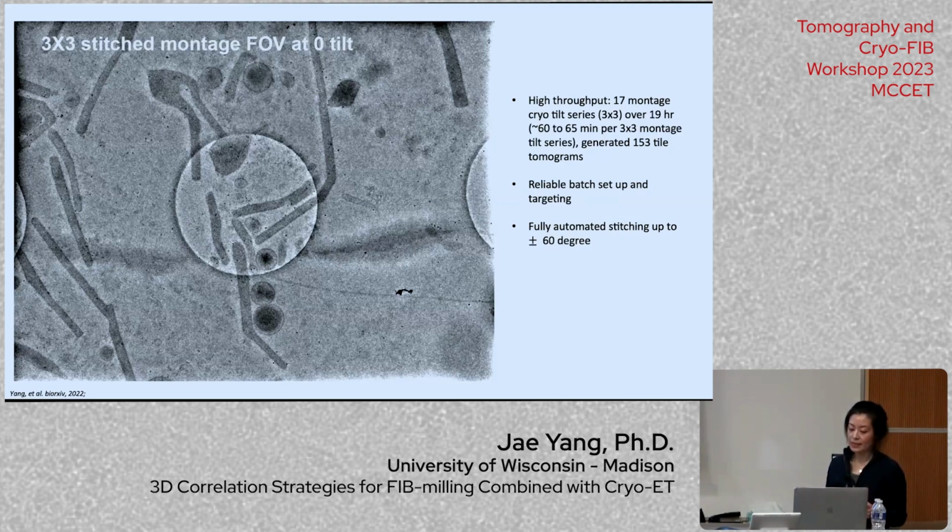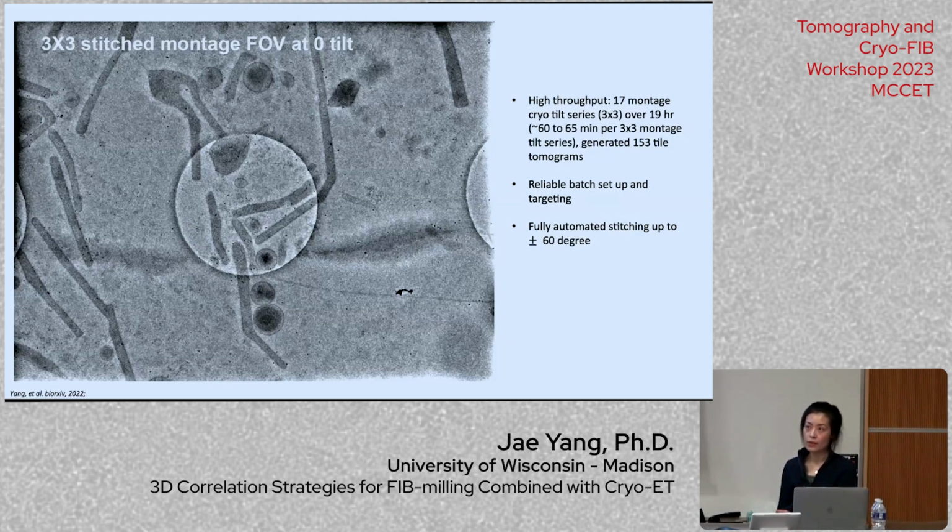And because the beam size is so tiny, you have to pack them in a hexagonal way. And because you pack it in a hexagonal way, plus your translation and rotation, you end up only having one stitched montage tomogram, which is gigantic, which in our case is also large when you stitch them together. But this way, you can actually collect them in 1 hour.